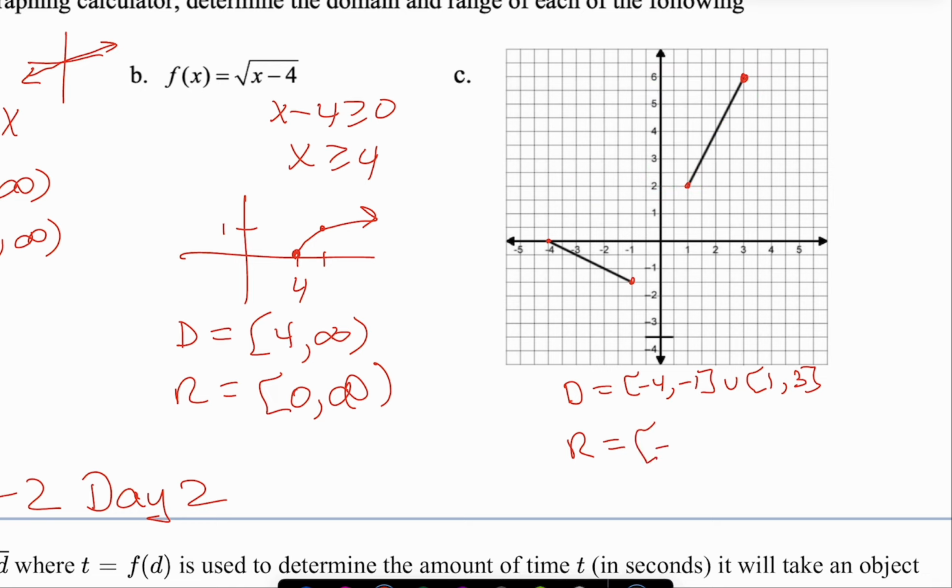So my y values are from -1.5 to 0. Then my y values start again at 2 and end at 6. So when you have pieces like that, you have to go from the domain, what x's do I use from left to right? And from range, what y's do I use from bottom to top? And this notation accounts for any values you skip in the middle.